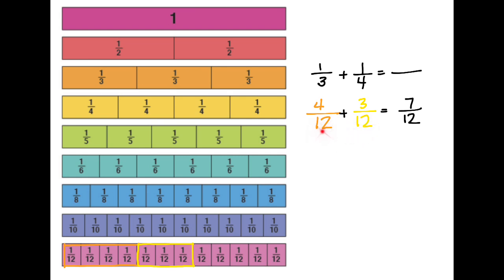Okay, so 12 is considered a least common multiple of the denominators. In other words, a least common denominator, LCD. Okay, in this case, you just times them together, but that won't always be the easiest way. Okay, and I'll show you some ways of doing it.